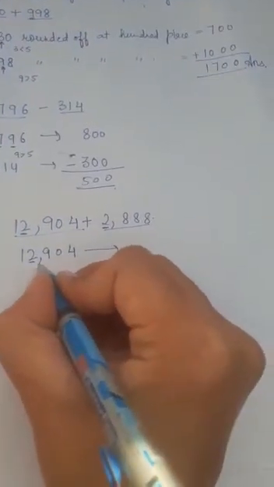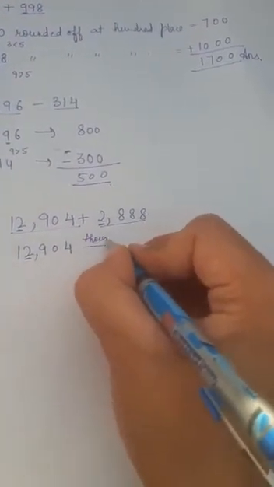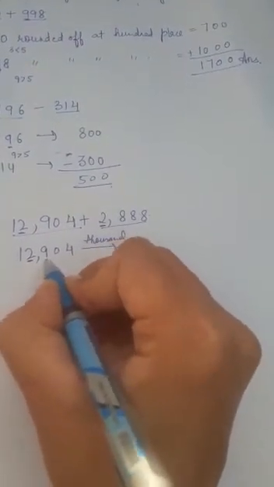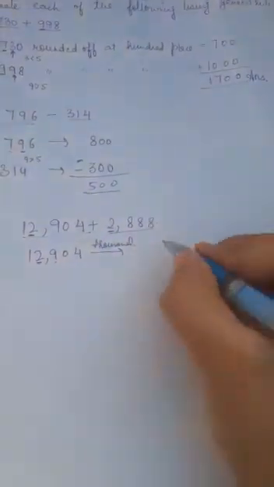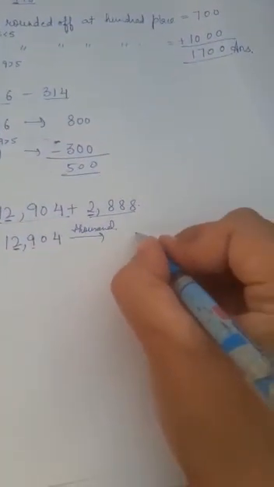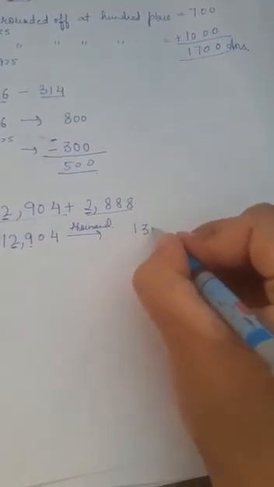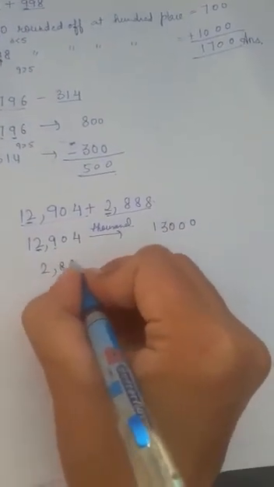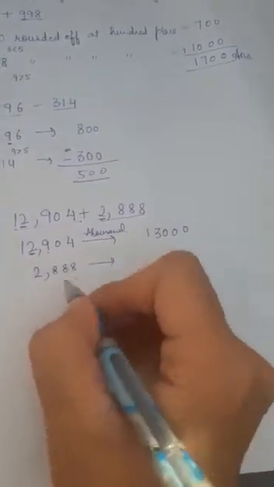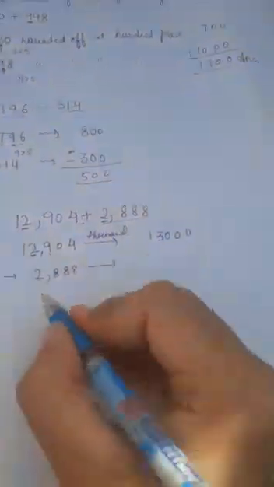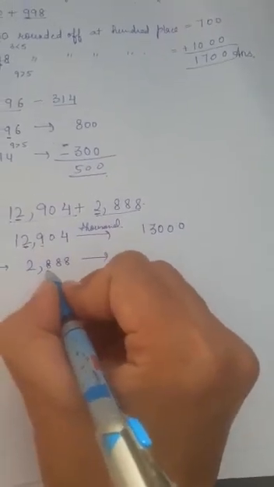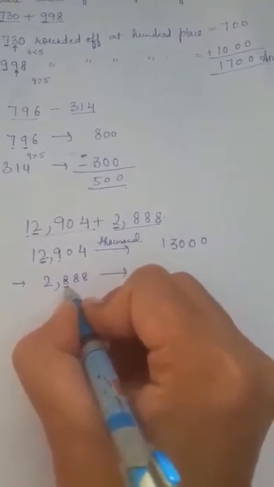So 1000 place पे इनका राउंड ऑफ करेंगे, right? Here at the hundreds place we have 9, so the thousands place digit will be rounded up. So 1 3 0 0 0. 2888. This number will also be rounded off to the nearest thousand place. अभी हमें क्या करना है, the hundreds place digit we have to look at.